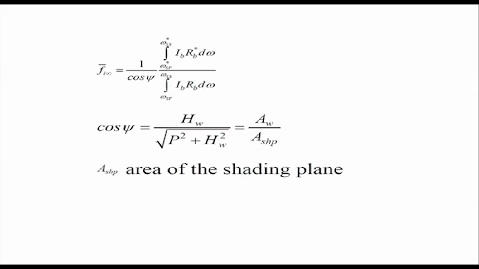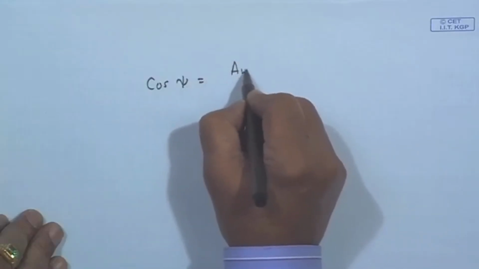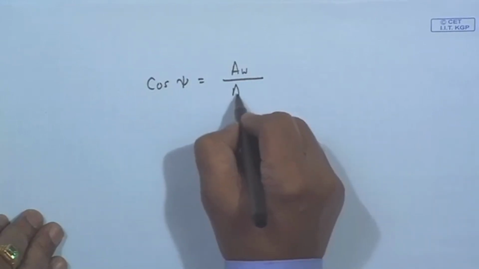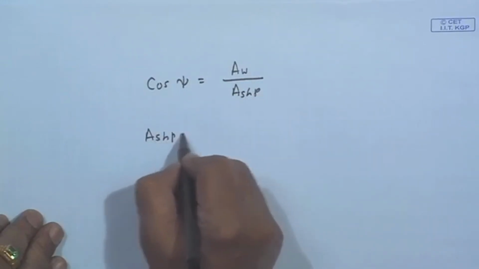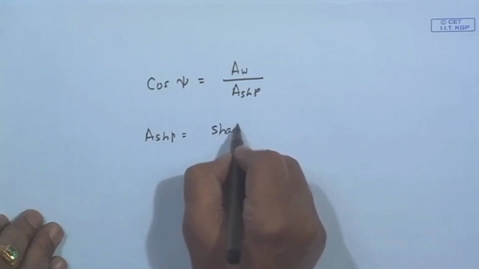The cosine psi angle is the ratio of the window area by A_SHP, where A_SHP is the shading plane area.